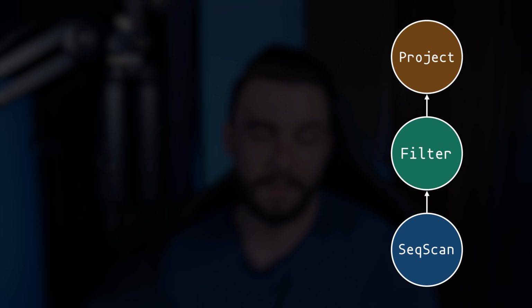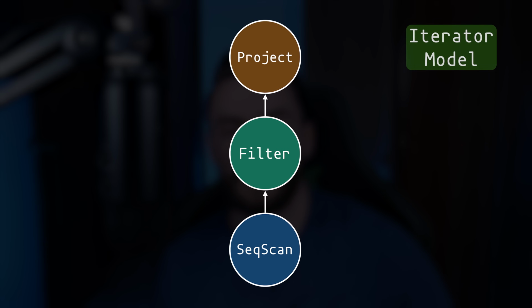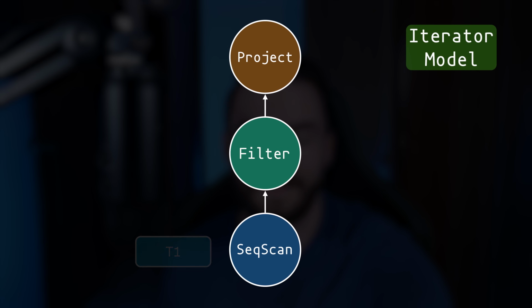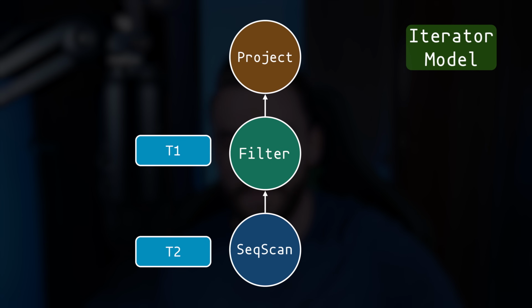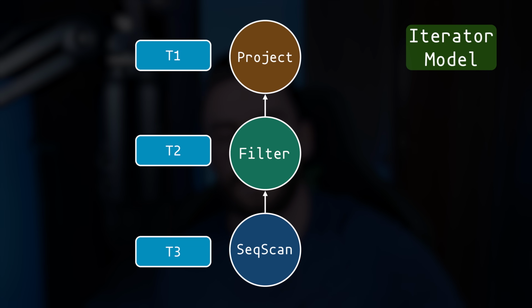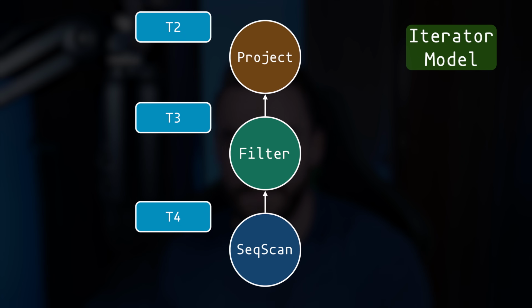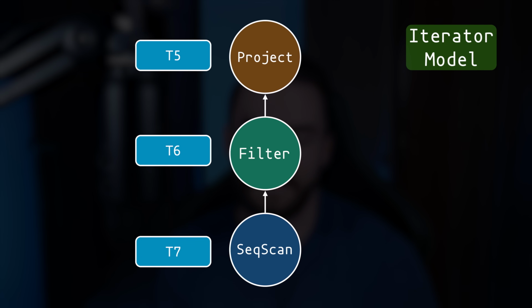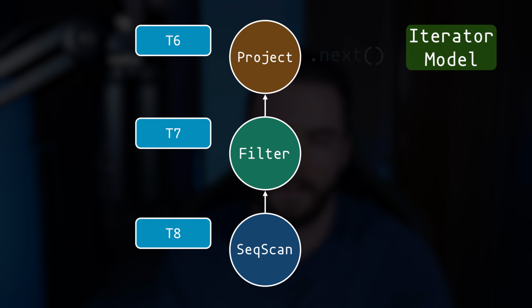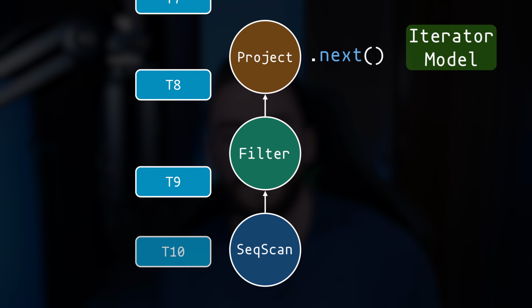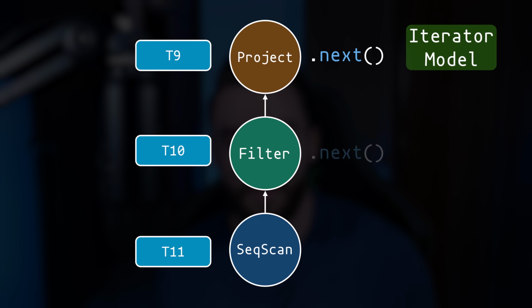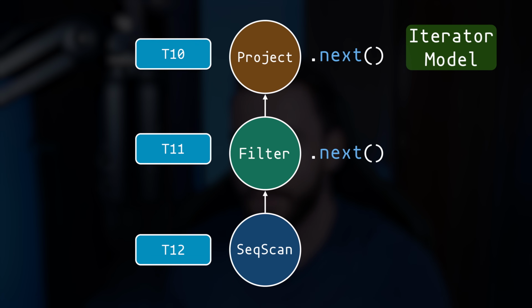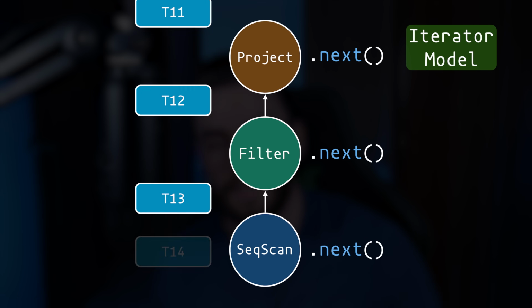What's interesting about plans is that I'm using something called the iterator model, which essentially processes tuples one by one. So every node in the query plan tree is an iterator itself, an iterator over tuples. So when the top level plan is asked to return a tuple, we basically call .next on the plan. That node in turn calls .next on its child, which in turn calls .next on its child.